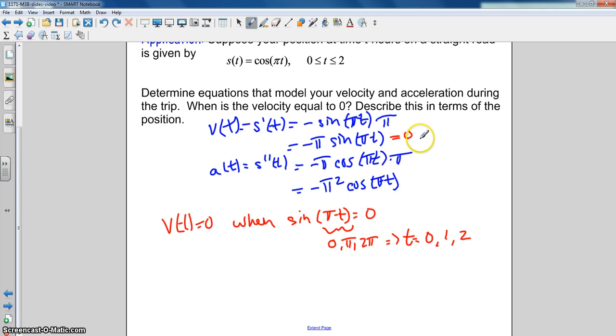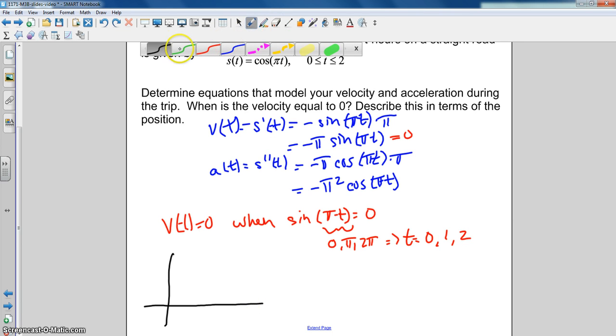And so if we wanted to describe this in terms of position, well, this is actually when we are, if we recall the graph of cosine, okay, quickly just sketching it here. Cosine starts up at 1, goes down to 0, goes down to minus 1, and then increases back up.